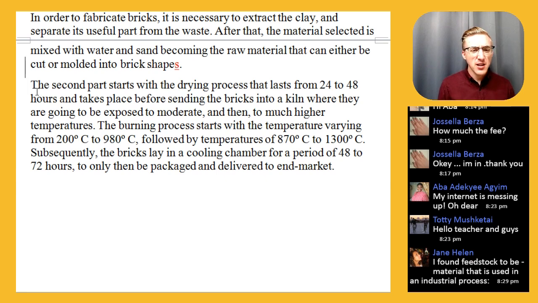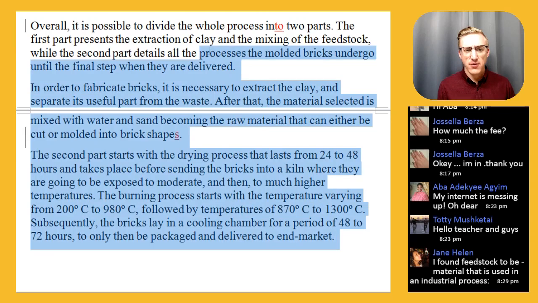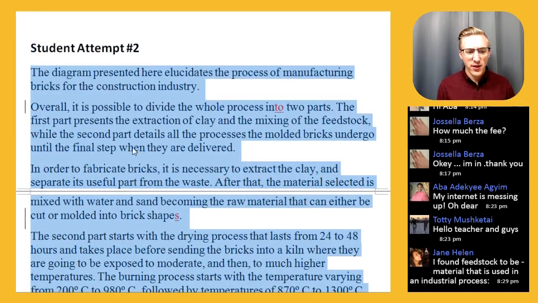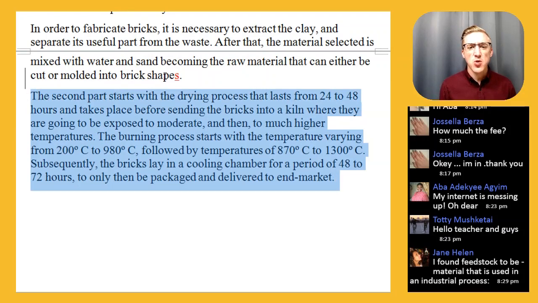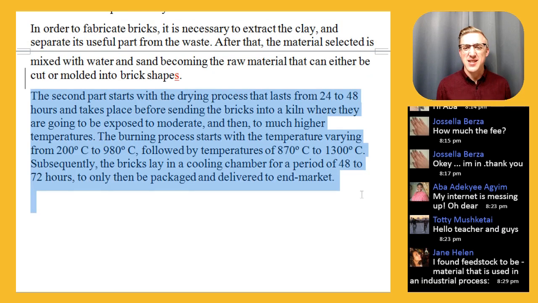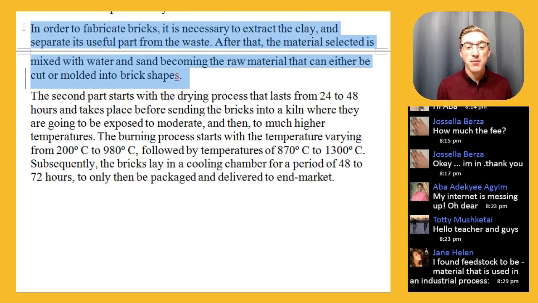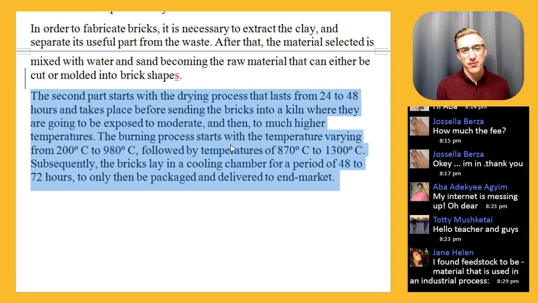So something a little bit added there, but you've got quite a lot of detail in this part. Let's see your overall word count. 193. Okay, so this part seems to be much more detailed than this one. The examiner is going to pick up on that, okay? So two sentences here, five sentences here. Looks like you need either more detail here or a little bit less here, or maybe both.